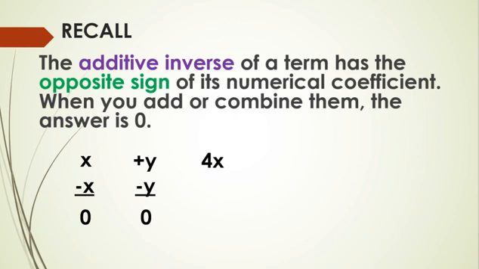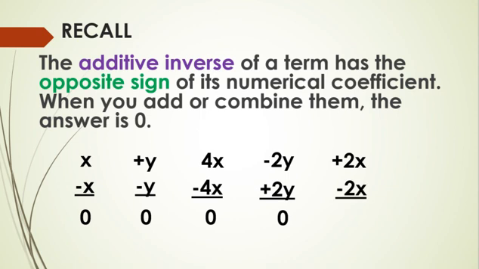If you combine positive 4x or 4x to negative 4x, the answer is 0. If you combine negative 2y to positive 2y, the answer is 0. If you combine positive 2x to negative 2x, the answer is 0.